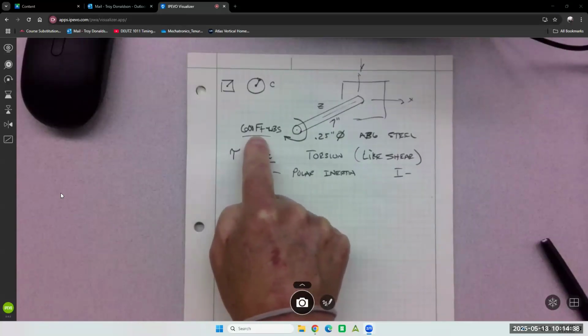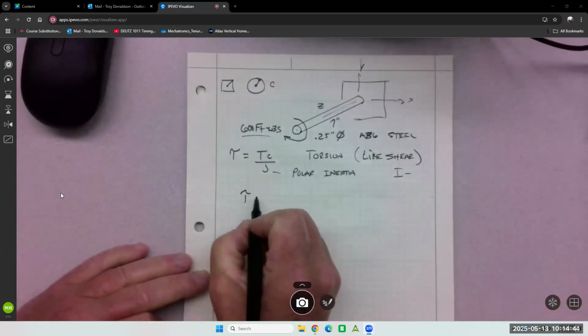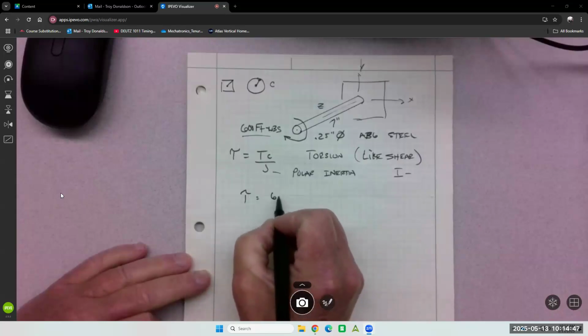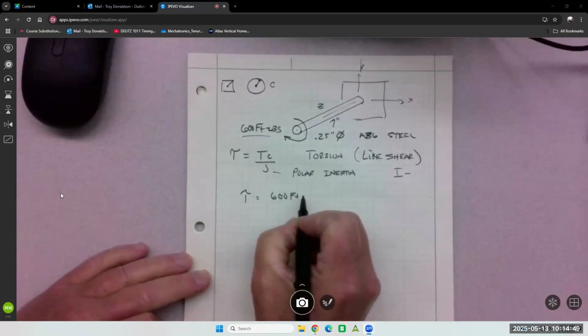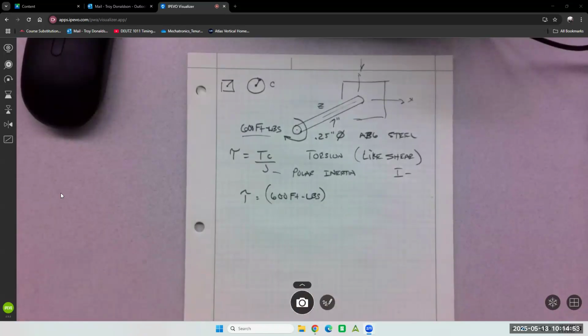So it's just a new kind of load, and we have to figure out the new kind of stress. It's going to be 600 foot-pounds. Again, you want to write your units out and make sure they all work, because we're looking for PSI, pounds per square inch, or KSI, kips per square inch.